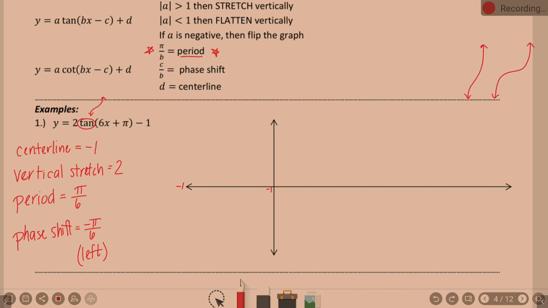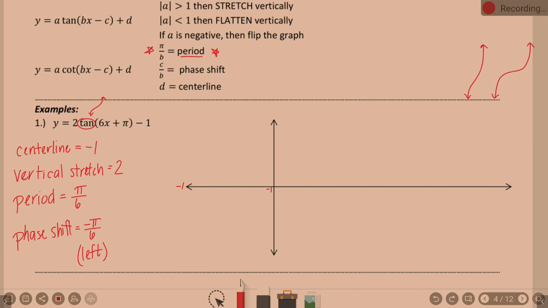Okay. We have a period of pi over 6, yes? So that means I'm going to label pi over 6. I'm going to require you to draw at least 2 cycles of your tangent and cotangent graphs. Okay? Now, 3 asymptotes, it depends, possibly.